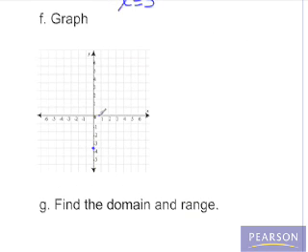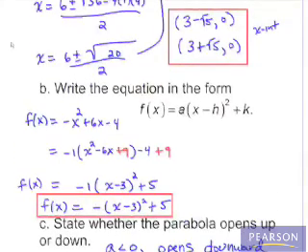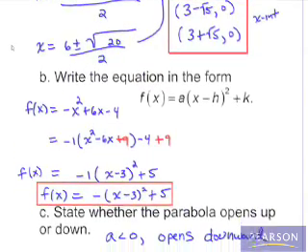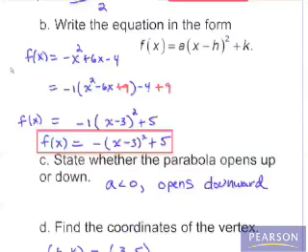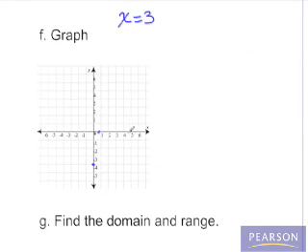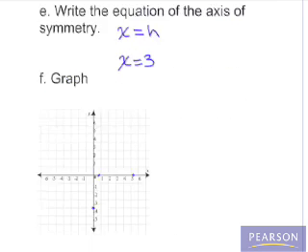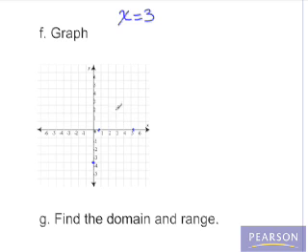0.76 comma 0 is right about here, and the other x-intercept, 3 plus the square root of 5, 0, is approximately 5.24, so 5 and a little bit more is located here. The vertex, 3 comma 5: 3 and up 5, 1, 2, 3, 4, 5.